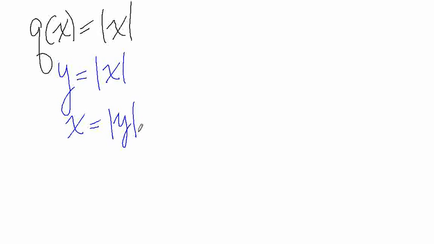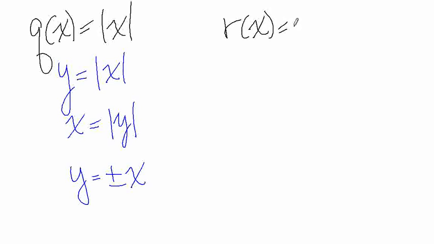The best we could do is determine that y is either equal to x or minus x. But we can't quite finish solving for y. We don't know which expression is equal to y. See the problem? Here's another example with a similar problem. R of x is equal to x squared.